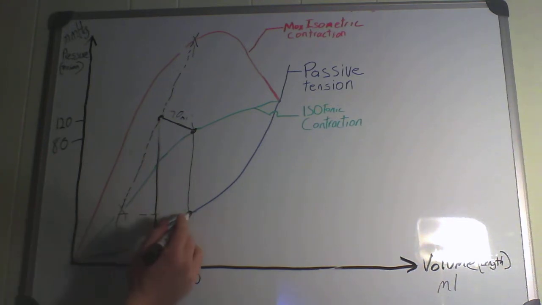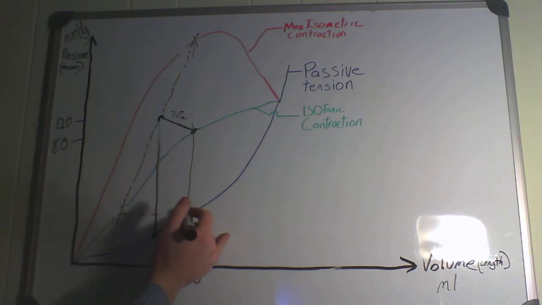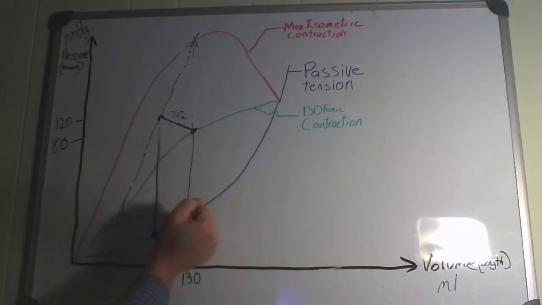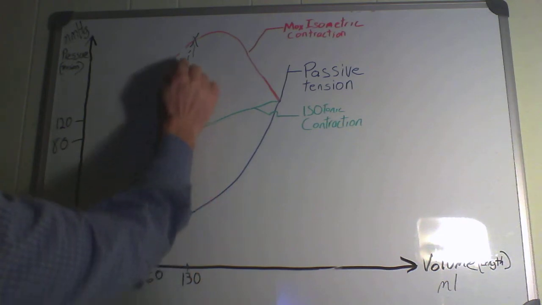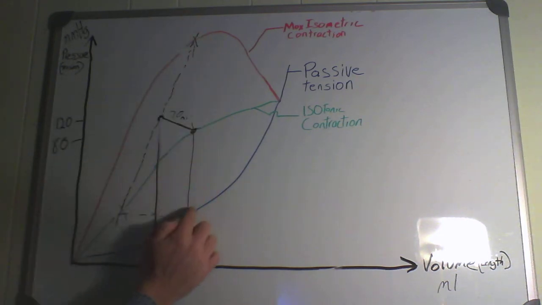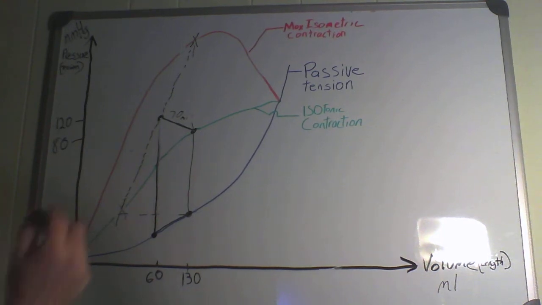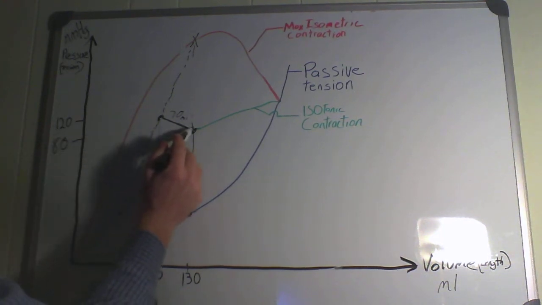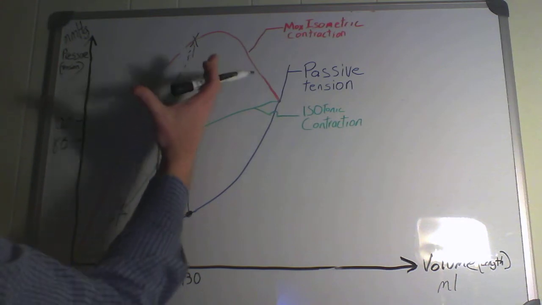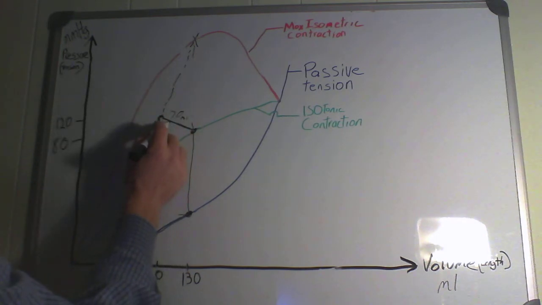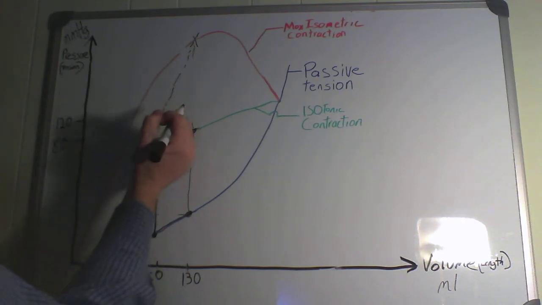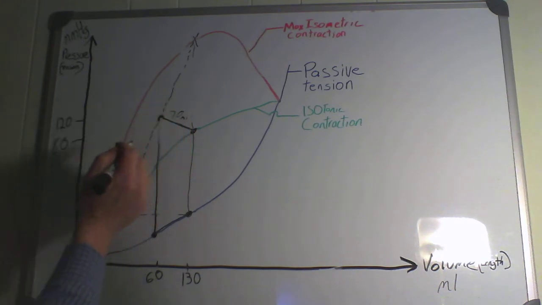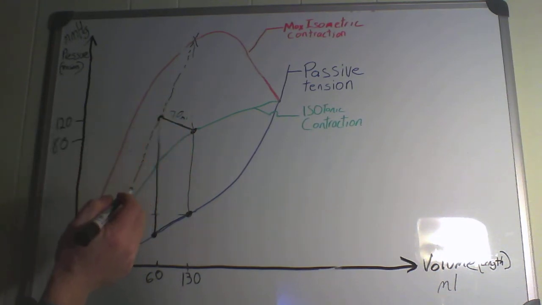Basically right here, this is end diastolic volume. So here, this is where your heart contracts. Boom. It's trying to build up all that pressure. But once it reaches arterial pressure, here at 80, the aortic valve opens, and that's when you have isotonic contraction because you're having a change in volume and pressure.